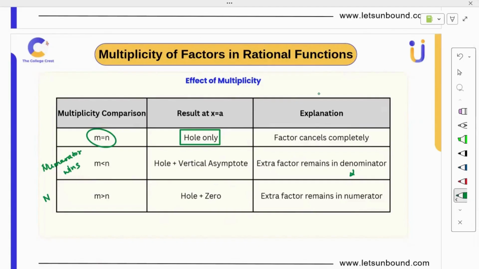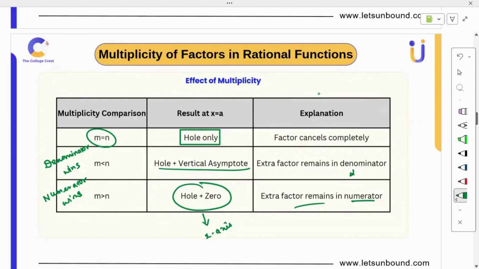Next, if your numerator wins, then the numerator will have some extra factor, and it's a hole plus a zero. That means a hole is present on the x-axis. The other case is a hole present on the vertical asymptote. And the equal case is a pure hole. This is how we compare the multiplicity and its power.